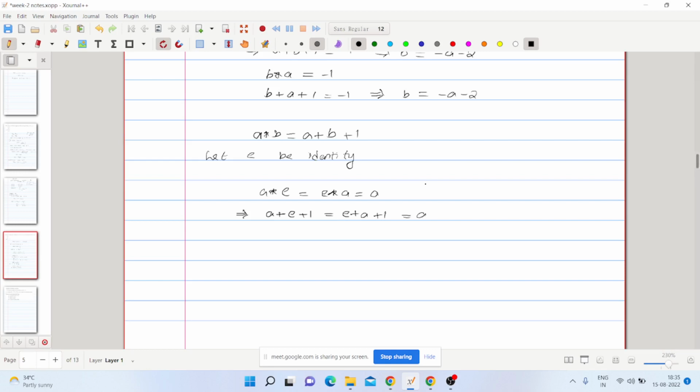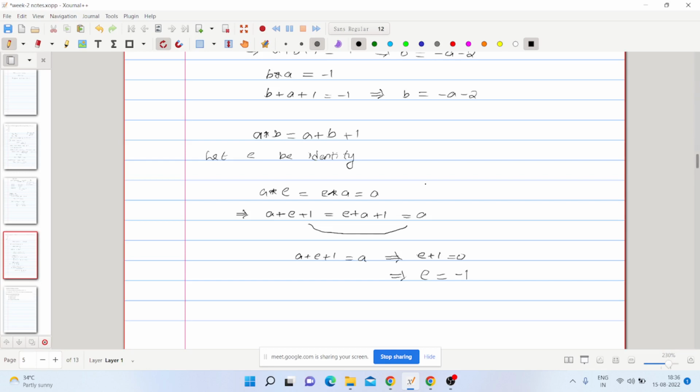Both should be equal to A. So we start with this equation: A plus E plus 1 equals A. We can cancel A, since this is addition. This is E plus 1 equals 0. Then E is minus 1, right?